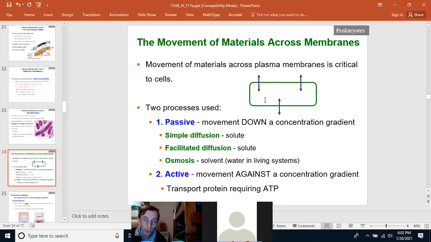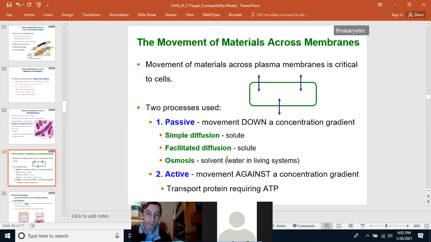So if the water is lower inside the cell than outside, water will move into the cell by osmosis. And osmosis requires the movement of water across a membrane. When we're talking about the cell membrane, it will be the cell membrane. Water moving from the soil into the root of the cell happens by osmosis.